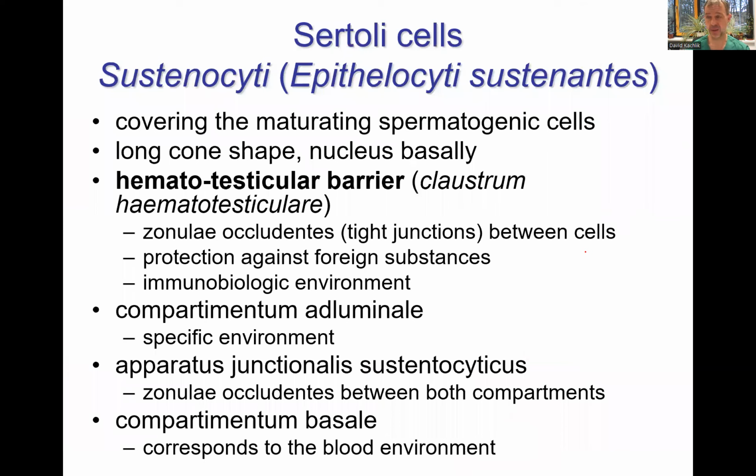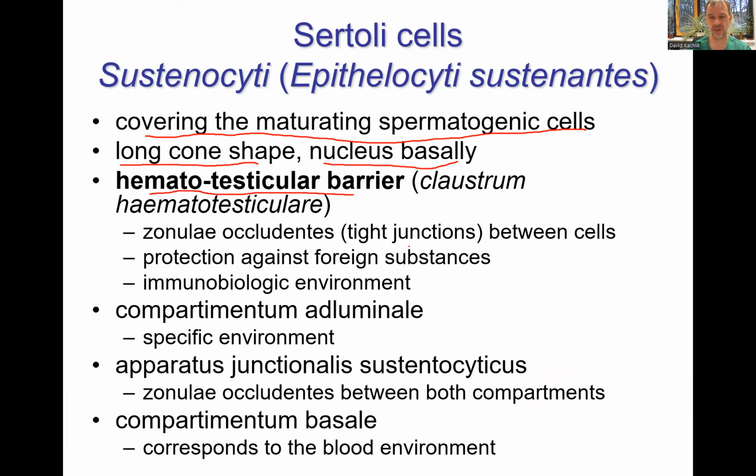So the Sertoli cells, as I said, they are nurses forming scaffold. So they cover all the stages of the spermatogenic cells during their development. They are quite long, cone-shaped, and the nucleus is located basally. So they form the hematotesticular barrier.